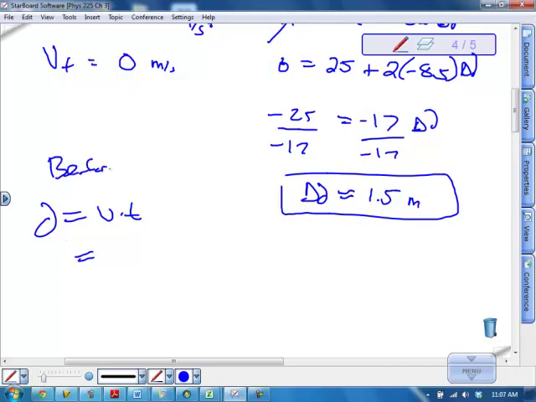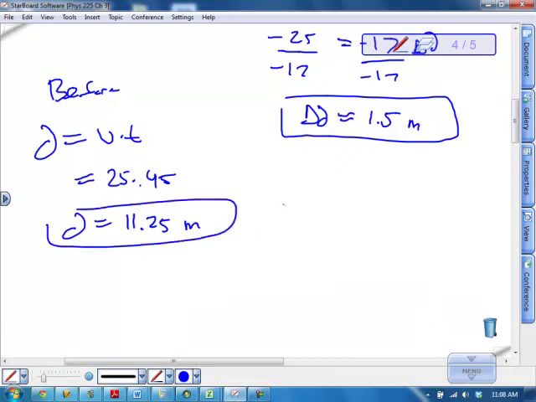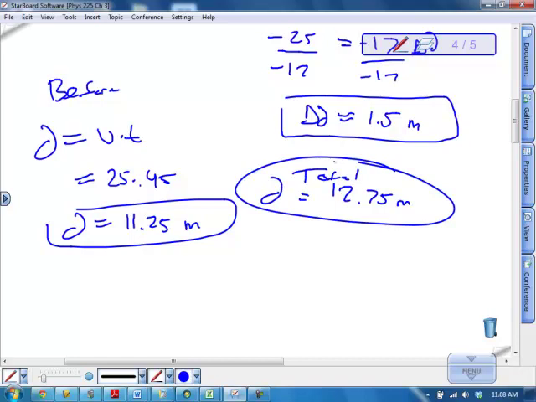Before I apply the brakes, I had constant motion. And that distance is velocity of 25 meters per second times that reaction time of 0.45 seconds, in which case that gives me a distance of 11.25 meters. So really I need to add these together. 11.25 and 1.5 gives me 12.75 meters of total distance traveled before I can come to a stop.